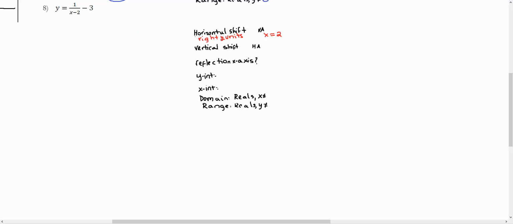That means we went down 3 units. That means y equals -3 because we went down. Do we have a reflection? If you look here in the front, this fraction, not this number, but this one, is an understood positive, so there is no reflection on the x-axis. For the sketch, that means that the function is going to be in quadrant 1 and quadrant 3. Now we sketch.